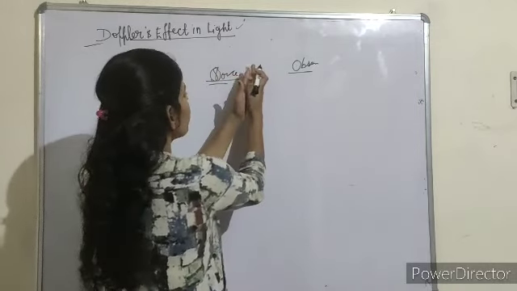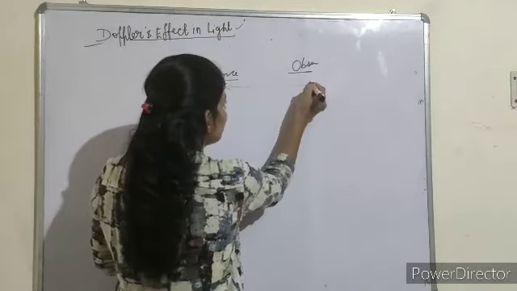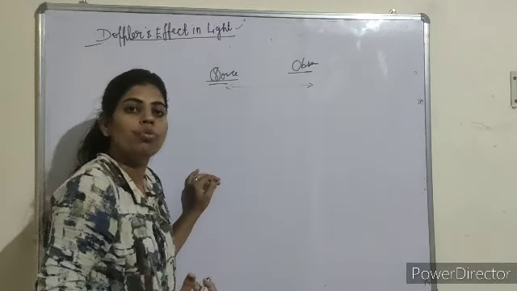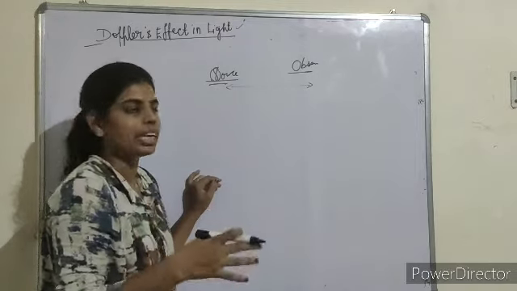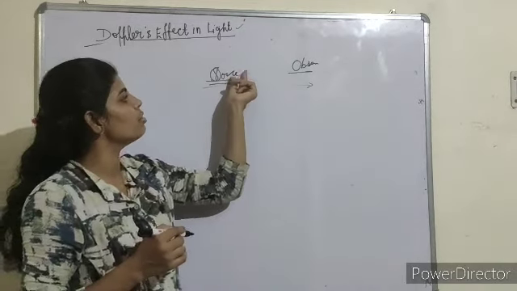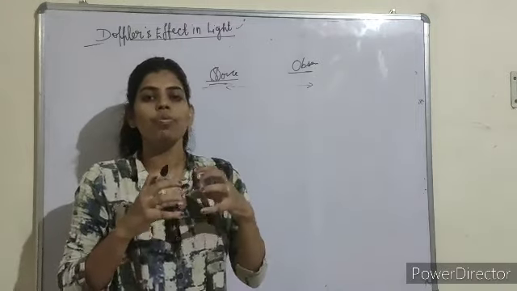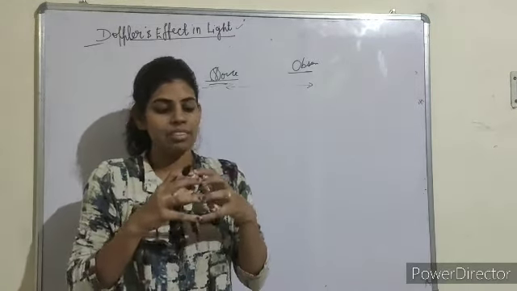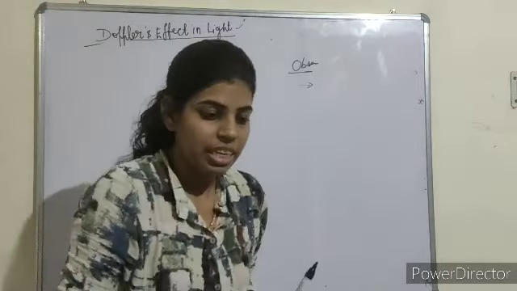But when the distance between the two is increasing, in that case apparent frequency will decrease. So apparent frequency will increase when the distance between source and observer is decreasing, and apparent frequency of light emitted by the source of light will decrease when the distance between source and the observer is increasing.